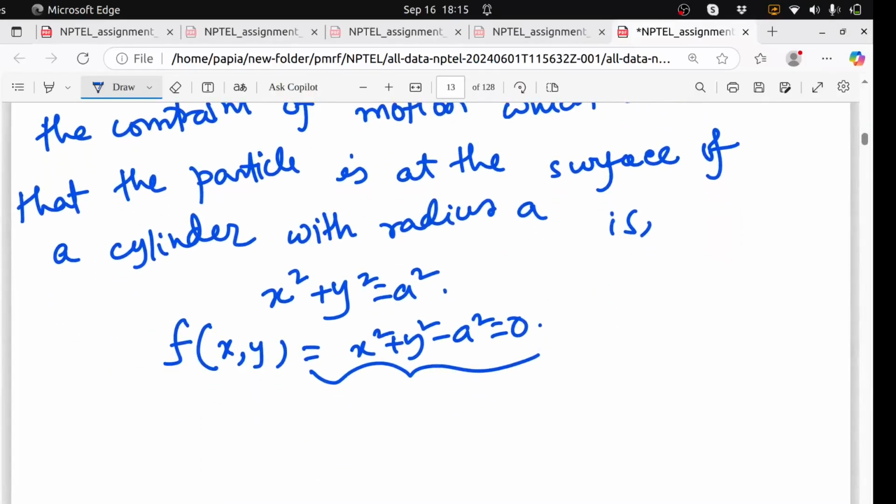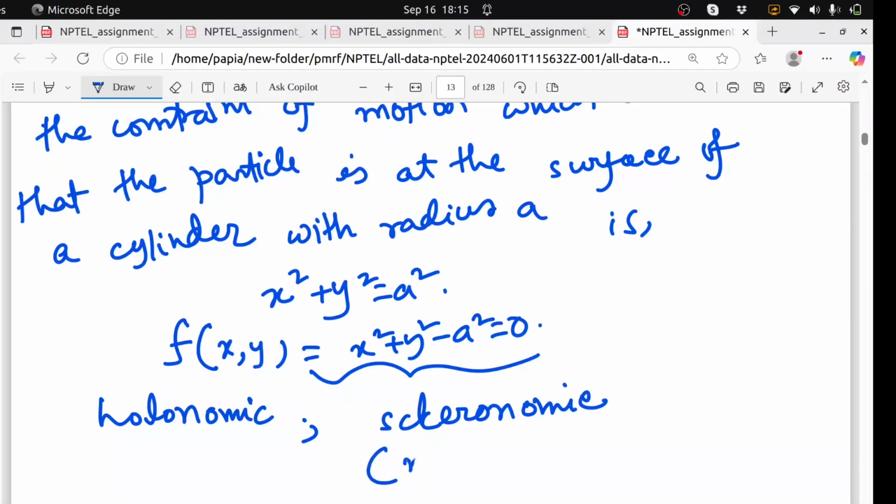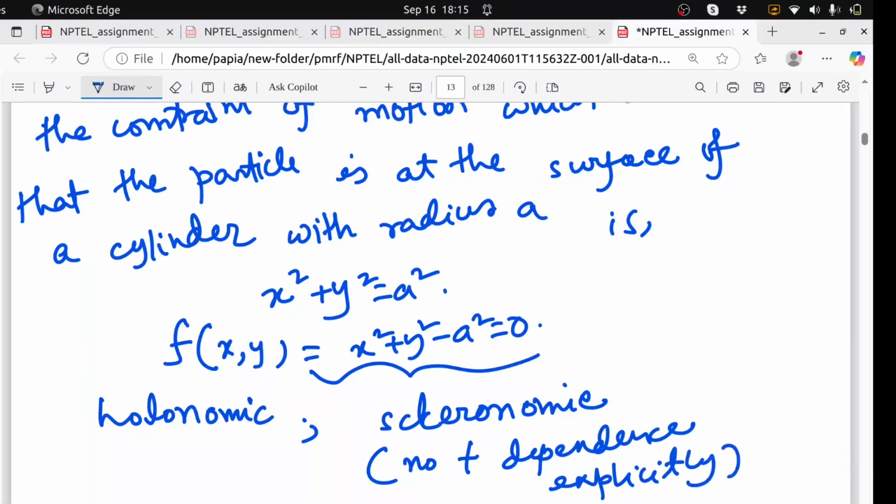Okay, so this is holonomic as well as scleronomic. How? Because there is no t dependence explicitly.